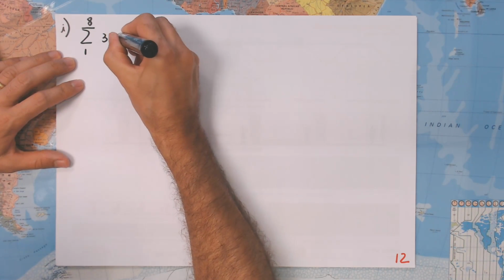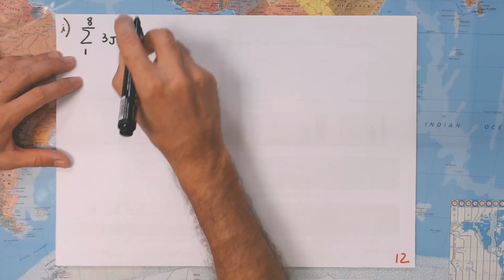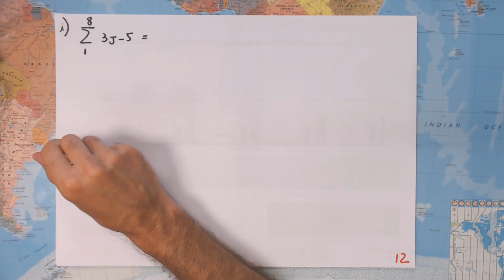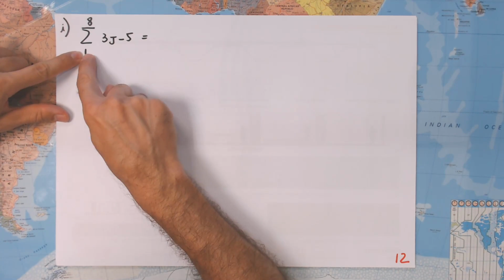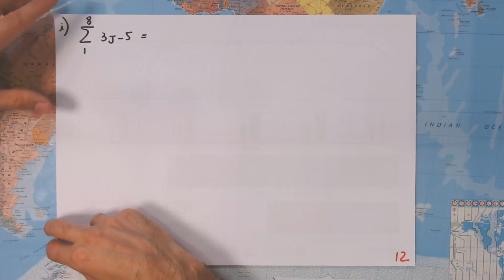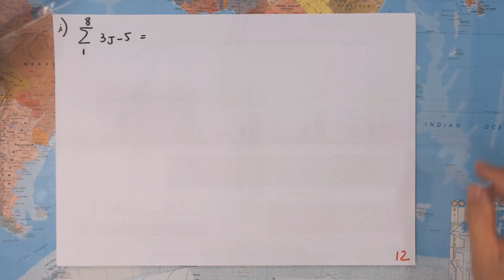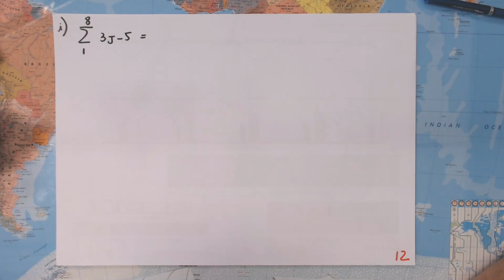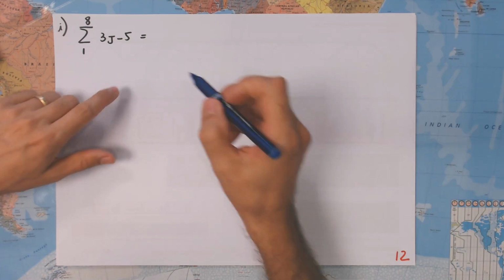And again, if we have j, y, x, z, doesn't matter. This is where it starts, the j, and this is where it ends. I'm not going to write this time because I wanted you to get used to it. Again, pause and then come back. Okay, assuming you did it.